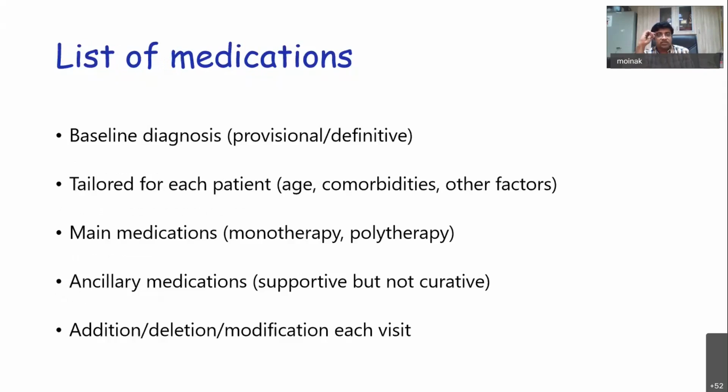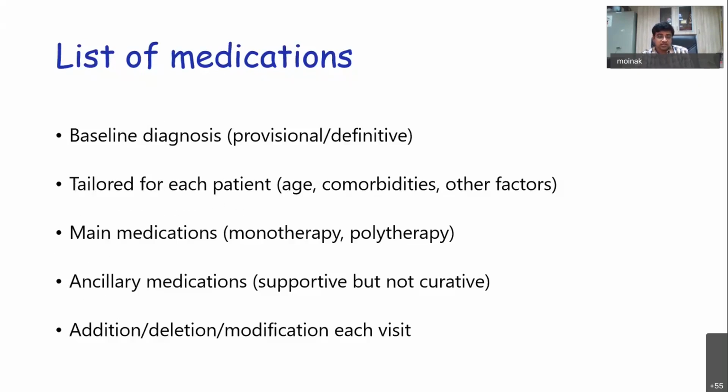When we write a list of medications, we usually have a baseline diagnosis, which is provisional or definite, tailored for each patient in terms of age, comorbidity, and other factors. Somebody with diabetes mellitus may have a different prescription, and a pediatric patient may have a different prescription.